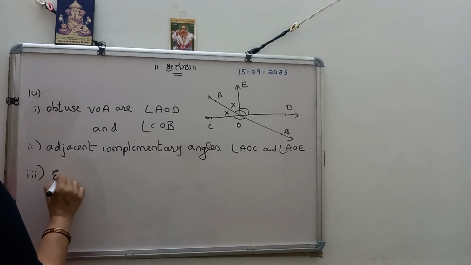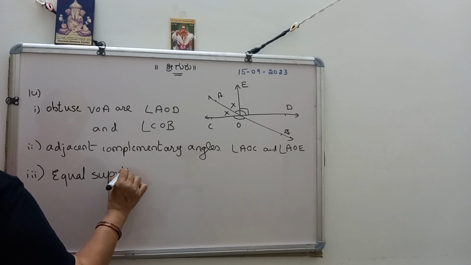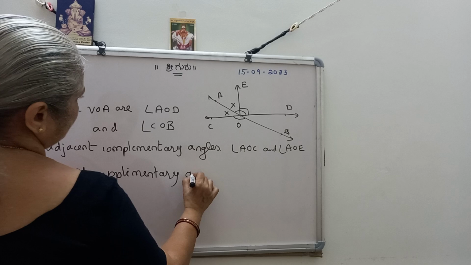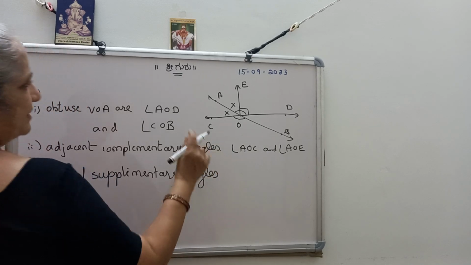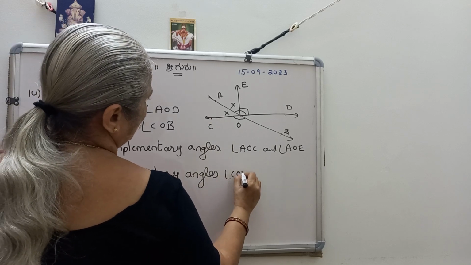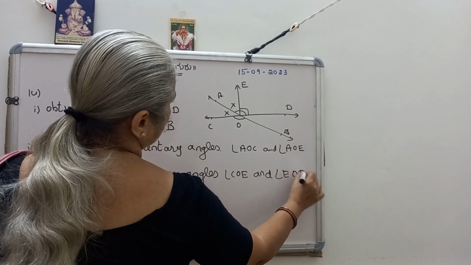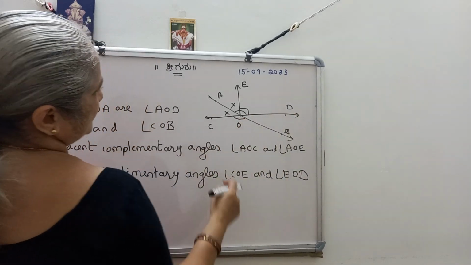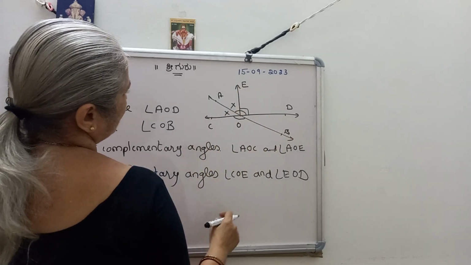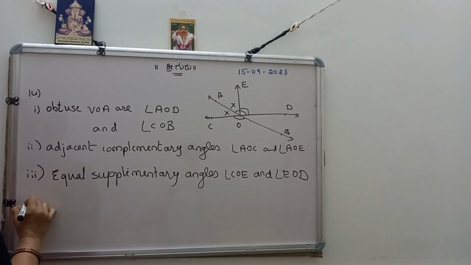Equal supplementary angles. Here angle COE and angle EOD. COD is a straight angle. COE and EOD are equal to 90 degrees. Therefore, they are equal supplementary angles.